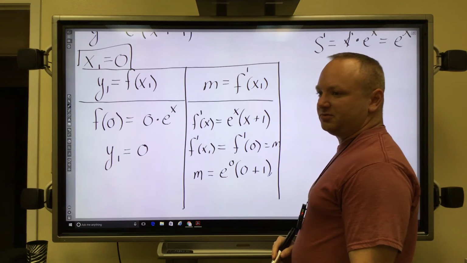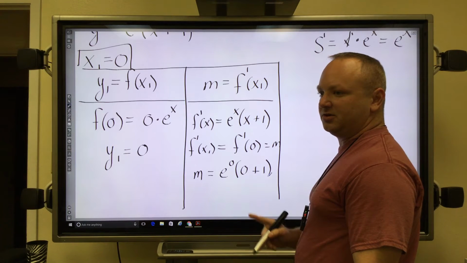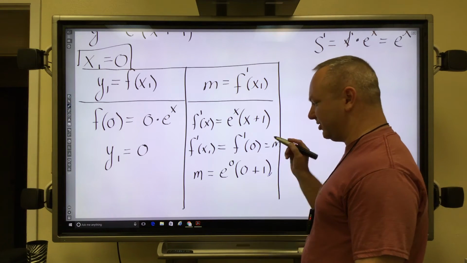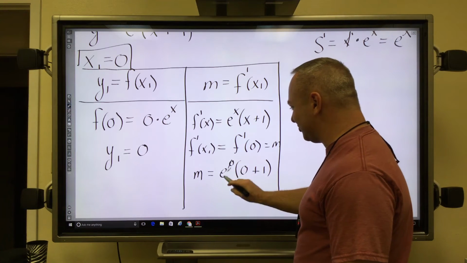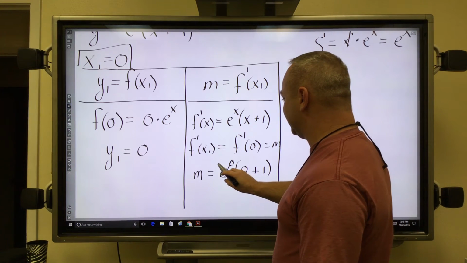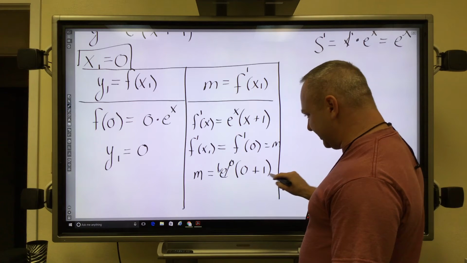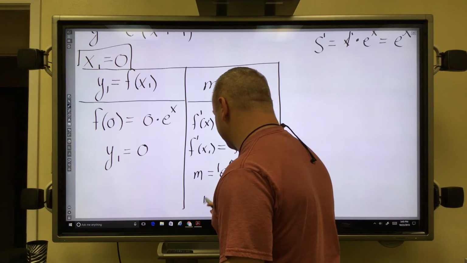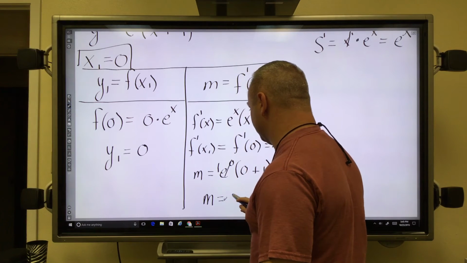Anything to the power of 0 is 1. And if you're ever confused, just throw it in the calculator. So this is 1, and 1 times anything is itself, so 0 plus 1 is just 1. So m is equal to 1.